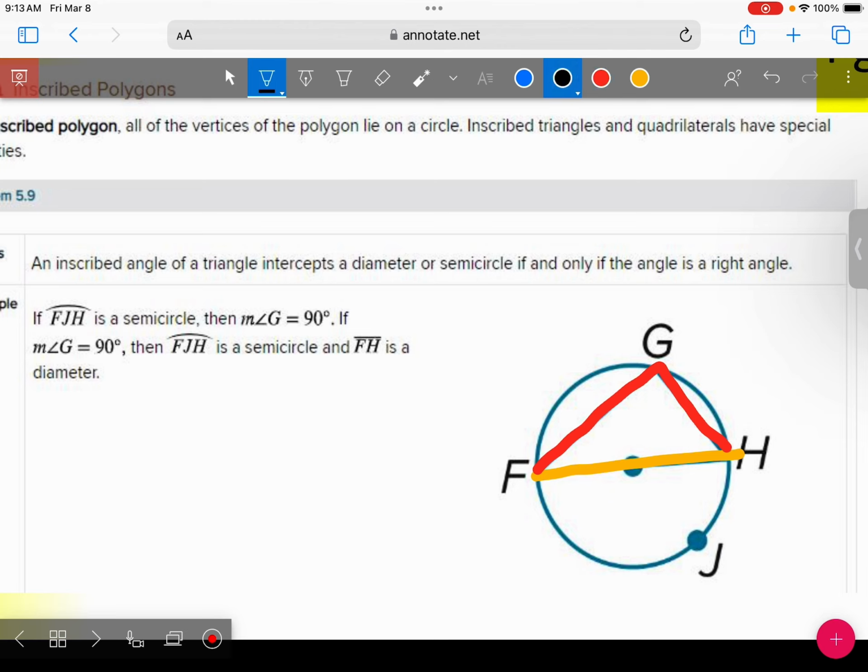Whenever you see that, we know that the inscribed angle is half of the arc. What's half of 180? 90. This angle is 90 degrees. So we can put that little box. Remember how we talked about how a 90-degree angle is shown with the box? So that will help us because we know that that third angle is equal to 90 degrees.